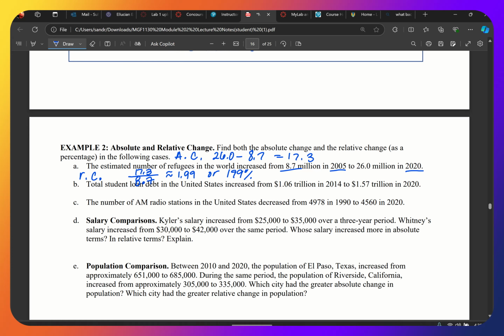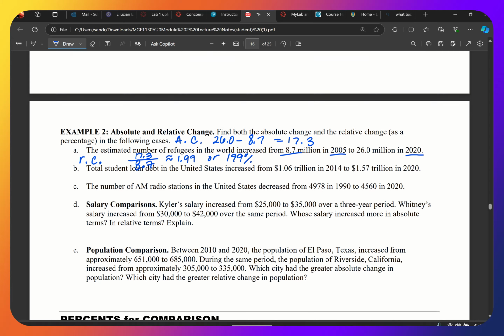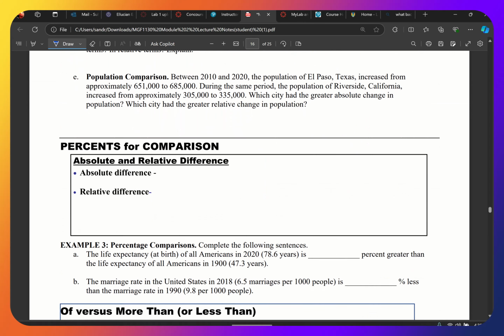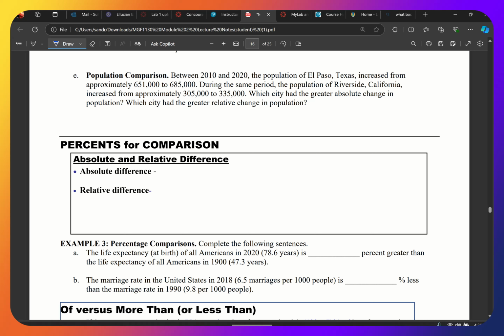Similar problems, they're the same. Percents for comparison. Absolute difference. This is going to be the compared value minus the reference value.